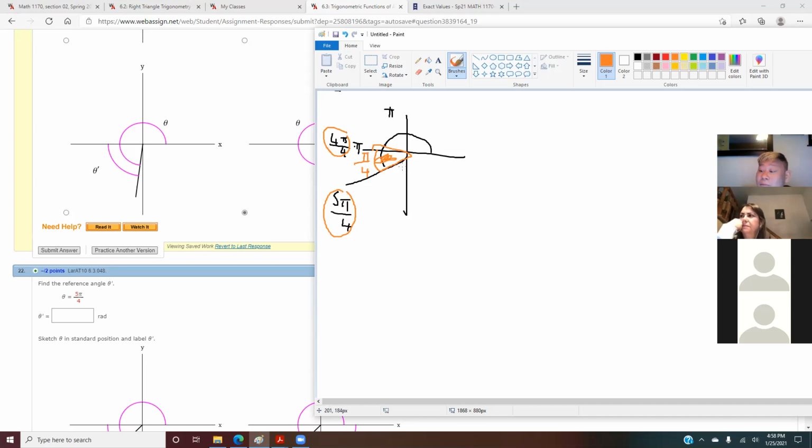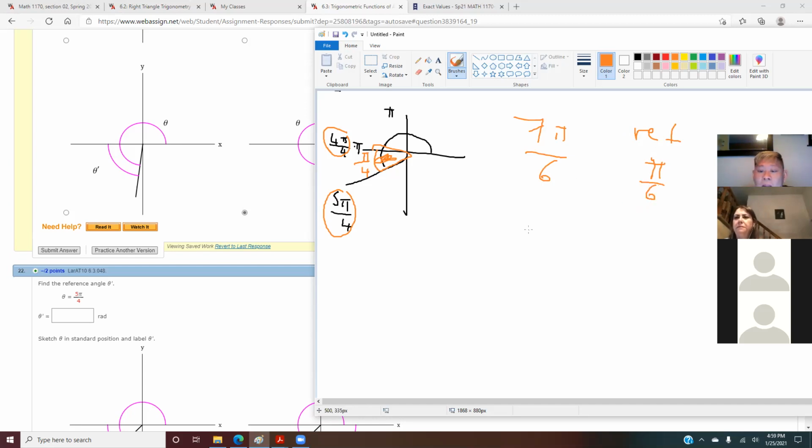That's your reference angle. If I teach you this, it's very easy. Pay attention. If you are in radians and I give you 7 pi over 6, what is the reference angle? It's pi over 6, because it's over 6.